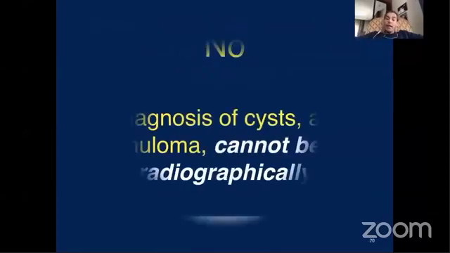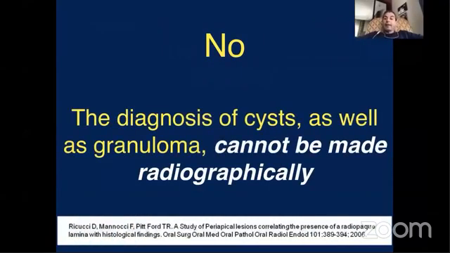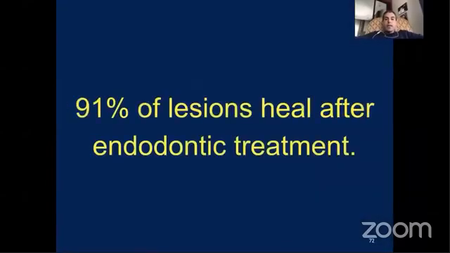The answer is no. The diagnosis of cyst as well as granuloma cannot be made radiographically. So, according to this, 91% of the lesions, which include granuloma, abscess, false cyst, all of them, will heal after proper root canal treatment.